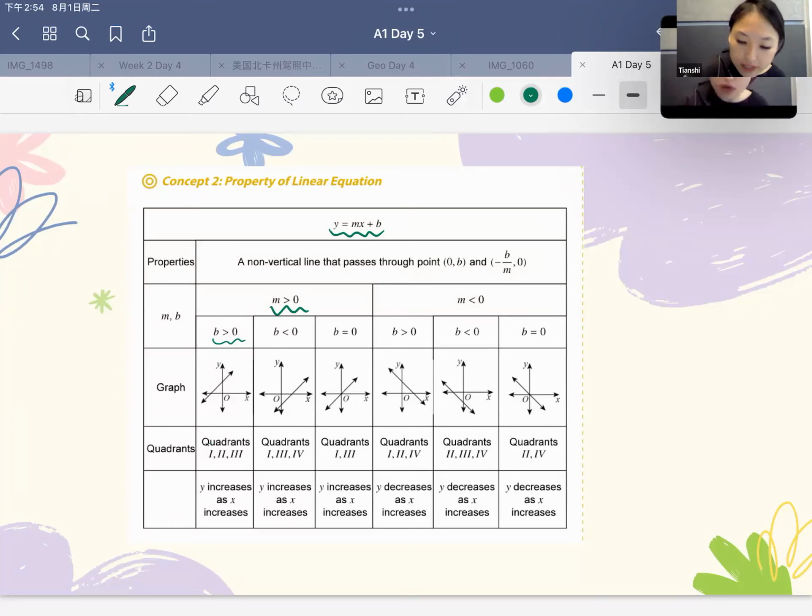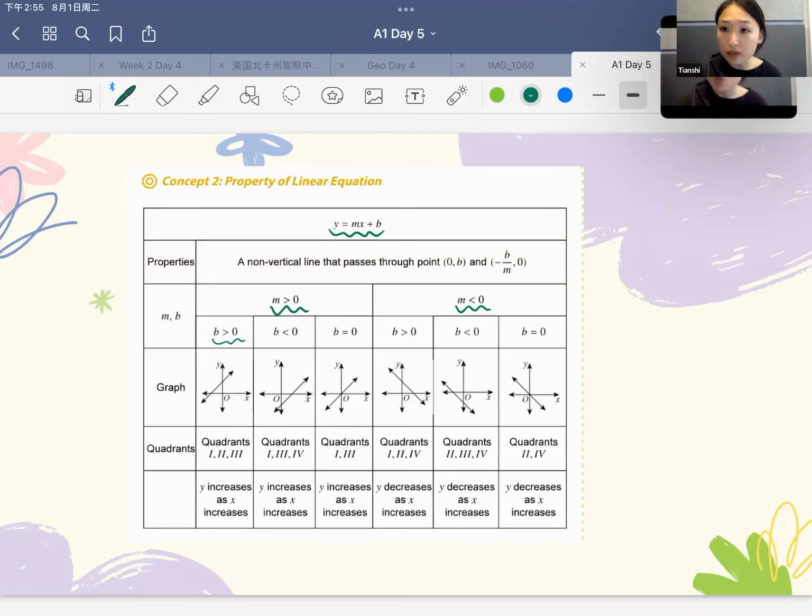And we also have the second scenario, when m is a negative number, meaning the slope is moving downward. We also have 3 different situations. If b is a positive number, it passes through quadrants 1, 2, and 4. If b is a negative number, it passes through quadrants 2, 3, and 4. And if b is 0, it's another form of direct variation, and it passes through quadrants 2 and 4.